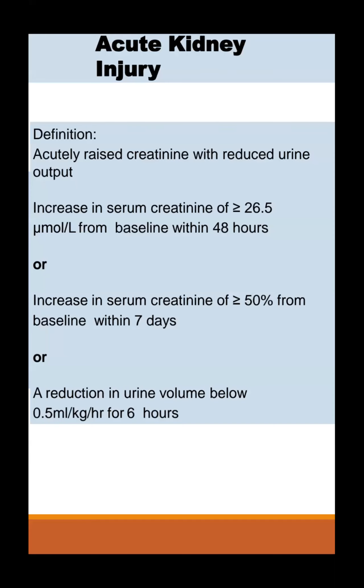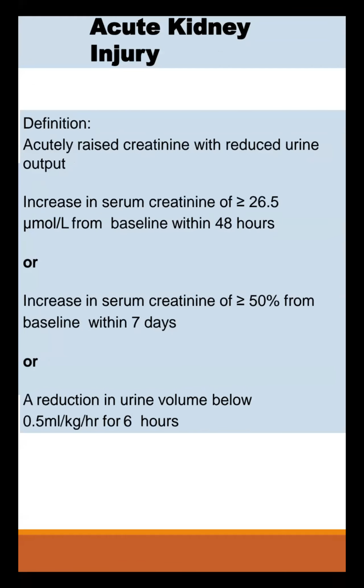Acute kidney injury means a rise in creatinine with reduced urine output. Acute setting: a patient in shock, cardiogenic or hypovolemic shock, with sudden no urine output. Everyone working in ICU or CCU deals with this kind of patient. In 24 hours, creatinine was 1 and the next day it became 3 or 4.